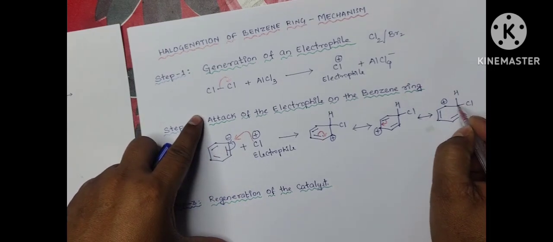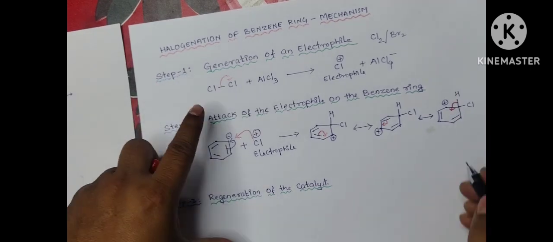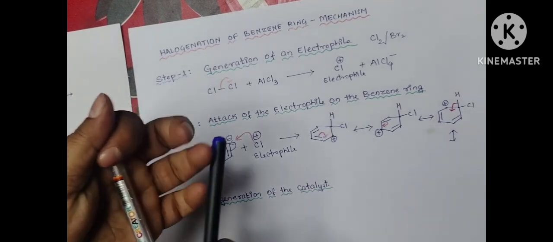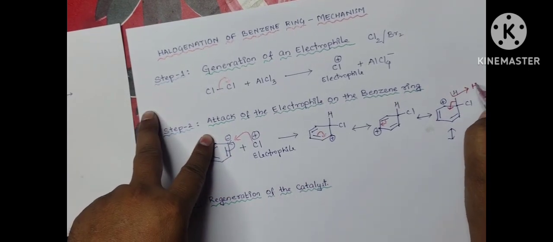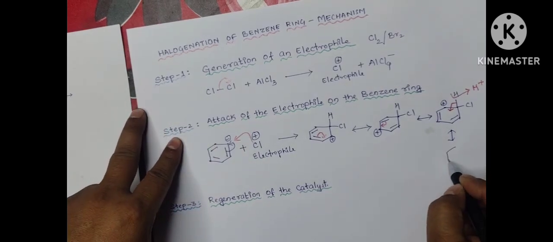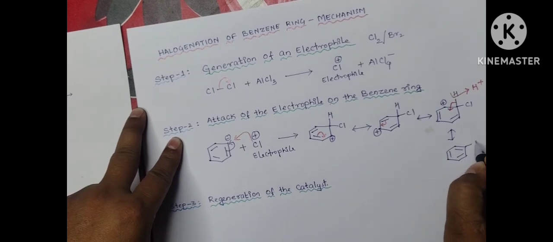The carbon hydrogen bond on this hydrogen atom is going to enter the ring. In the next resonating structure, this hydrogen is being replaced, it leaves as H plus. The next possible structure you get is like this, with chlorine attached.